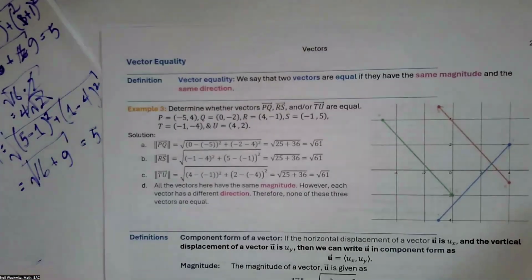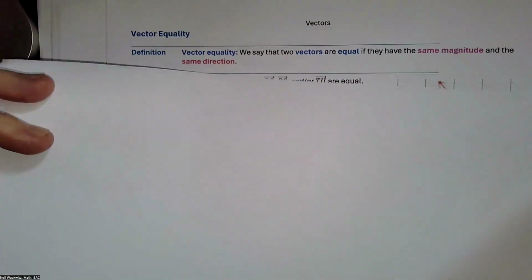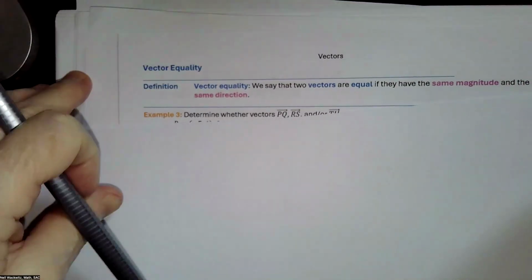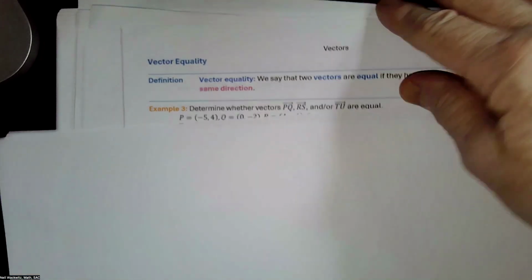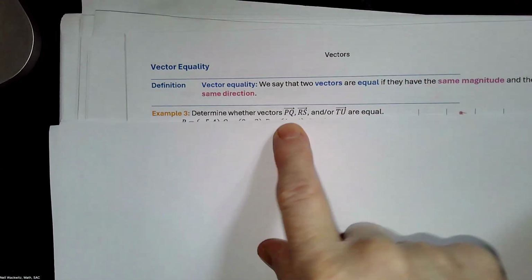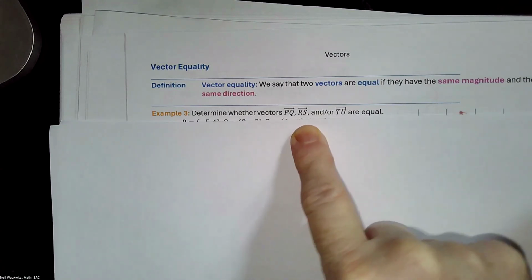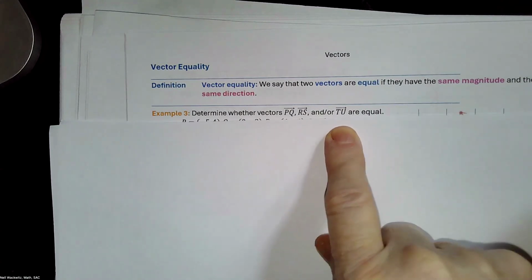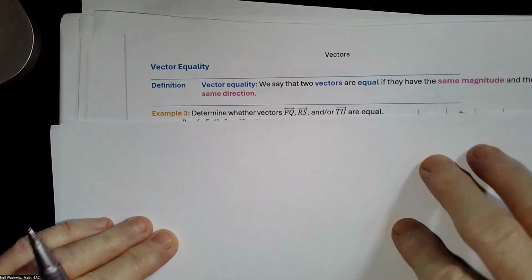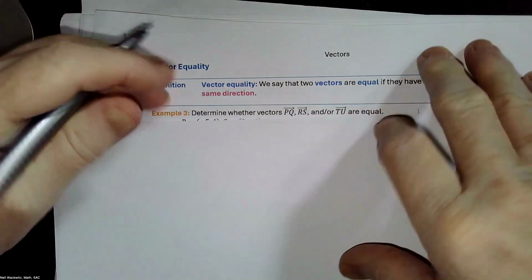Two vectors are equal or equivalent when they have the same magnitude and the same direction. So now we're given 3 vectors, PQ, SR, and TU, and we want to see are any of them equal to any others. So let's see.